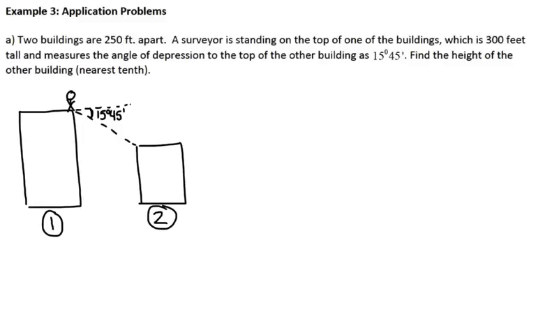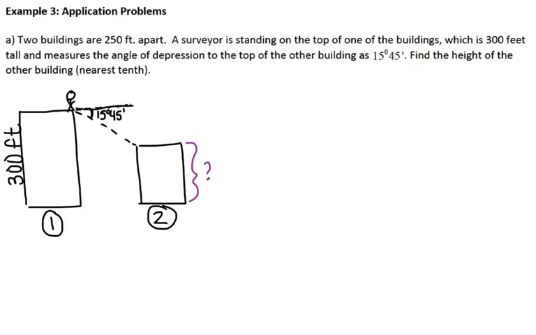Now what we're trying to find, our big mystery for this problem, is the height of the second building. So this is what we're trying to find. We do know the height of the first building is 300 feet. But we don't know what the height of the second building is. We also know that the buildings are 250 feet apart.